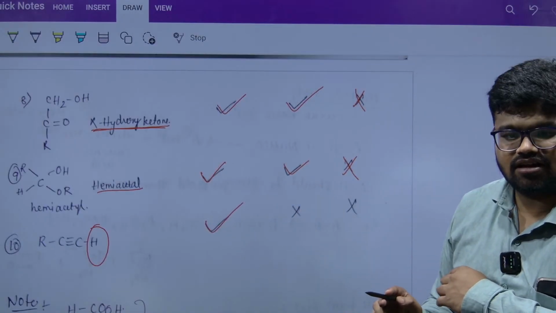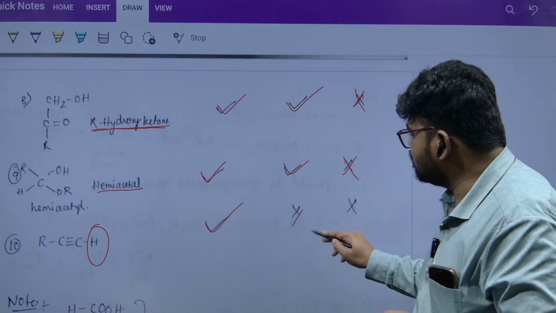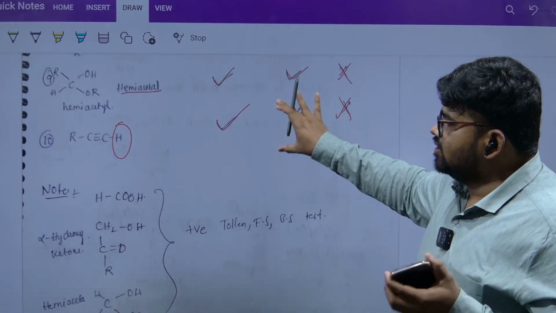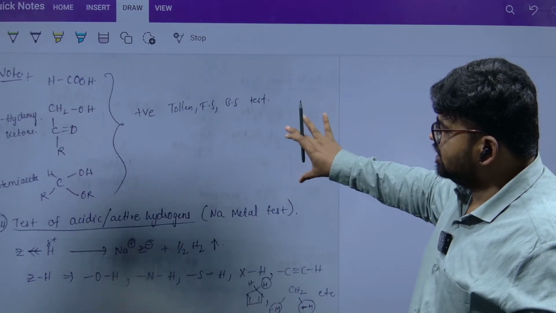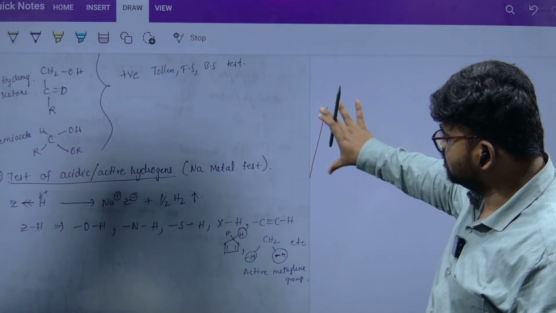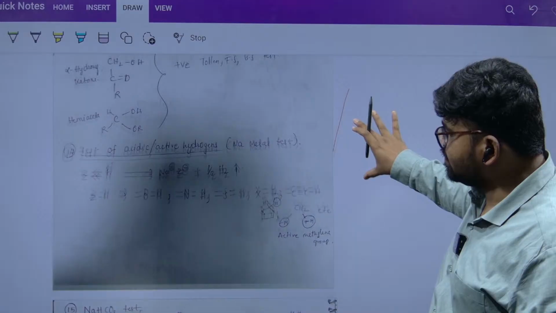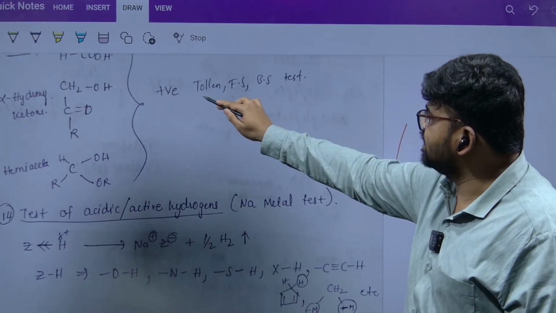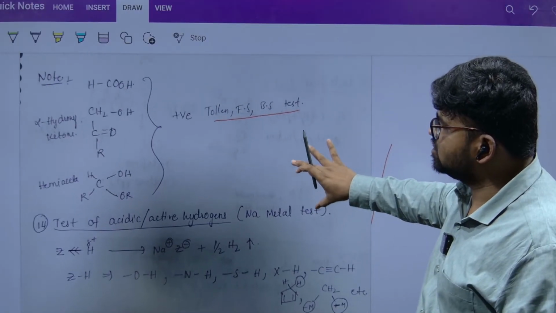Tollens test. Right or not? That we discussed, but it cannot give the remaining two tests. And some of the note points you can see here. Here you can see some important compounds which can give all these three tests, that also I have mentioned.